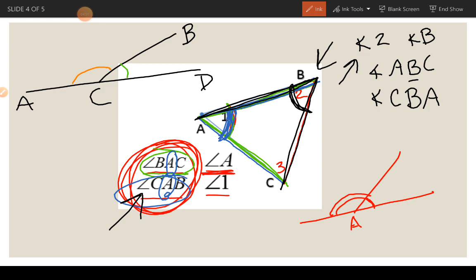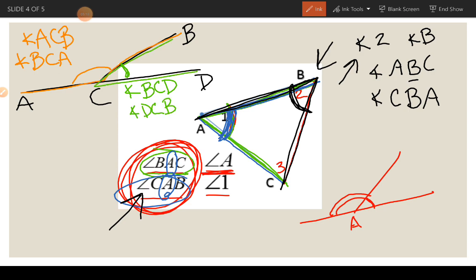Okay, if I'm labeling the orange angle on the left, it would be angle ACB. Or I could say angle BCA. I can just reverse that order. But if I'm trying to label the angle on the right, it would be angle BCD or angle DCB. Again, it would just be that opposite, okay?